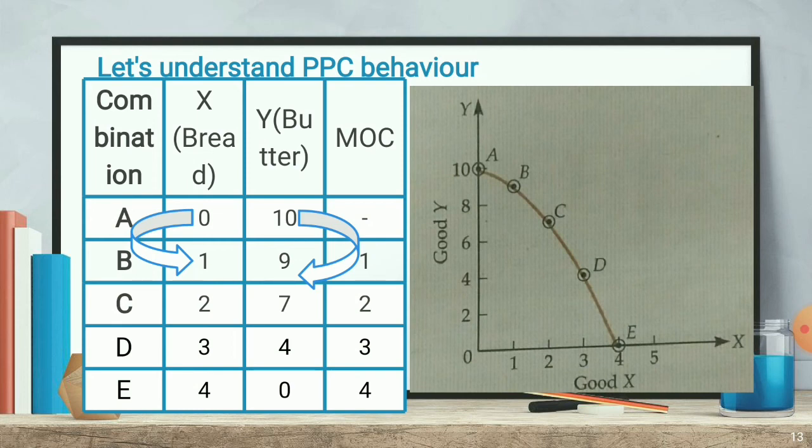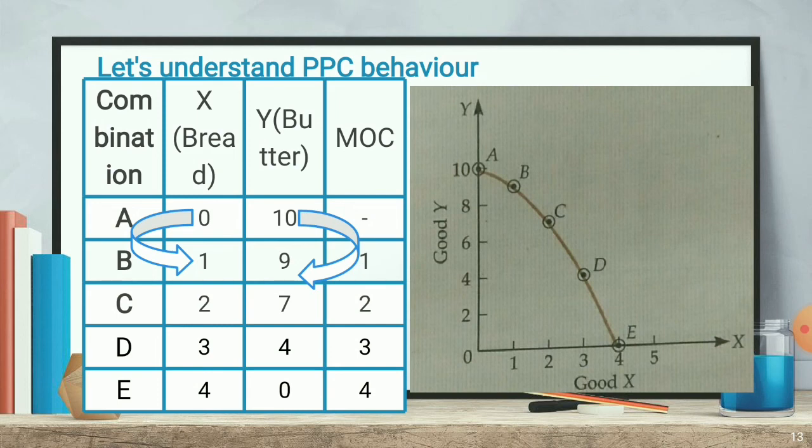Now, if the same machine is given for the production of 1 unit of X, there will be a fall in the total units of Y. So just look, it is now from 10 to 9.